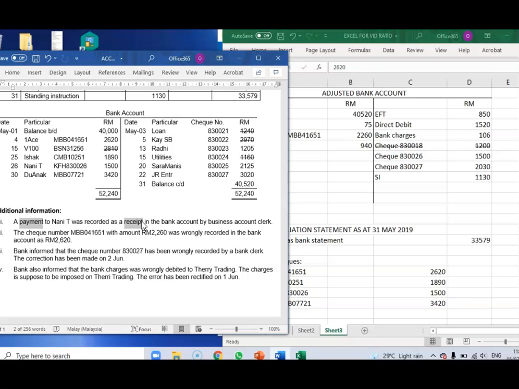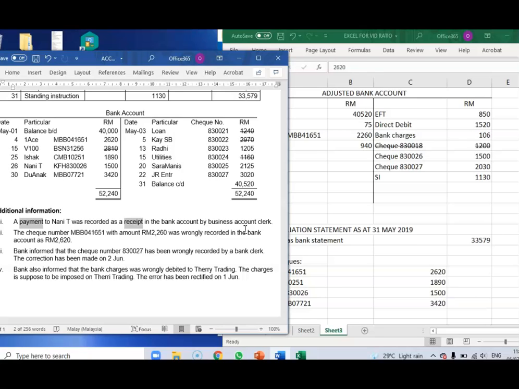So for this particular error, the idea is to identify first who made the error. Here it says payment became received in the bank account. It means that the error was made by our staff, in the bank account. So you need to amend and adjust the record in the bank account.